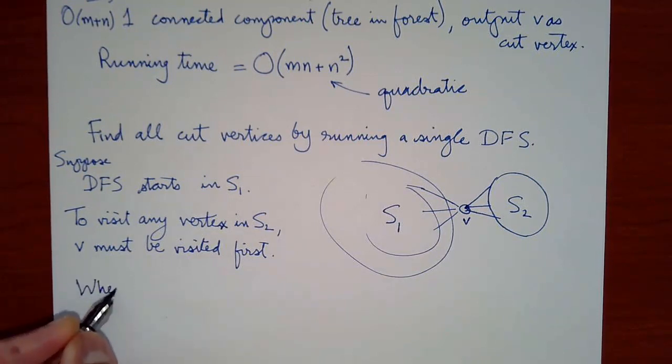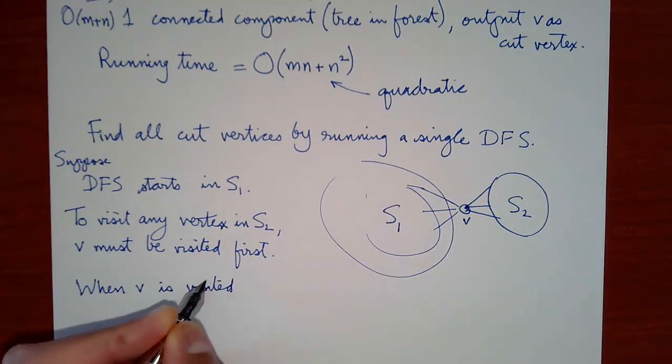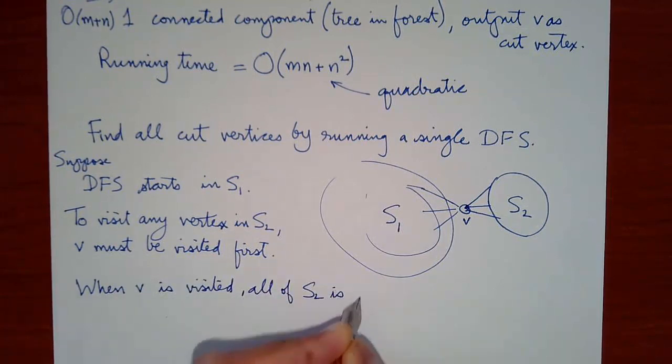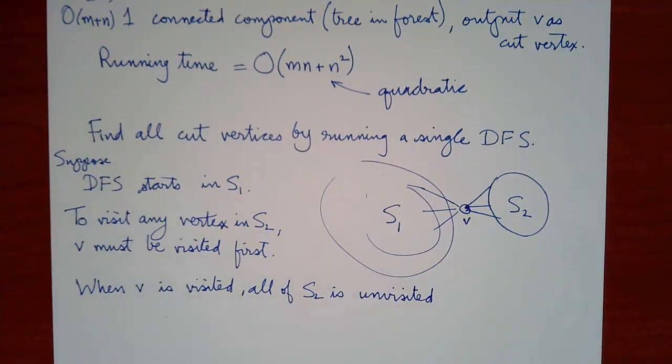Now, when V is visited, all of S2 is unvisited.